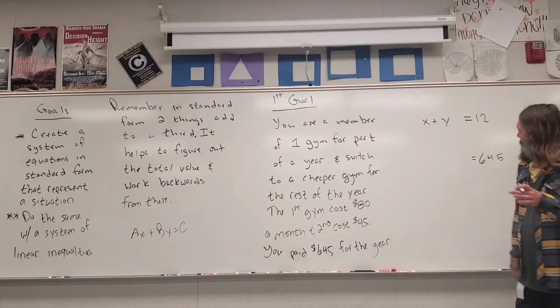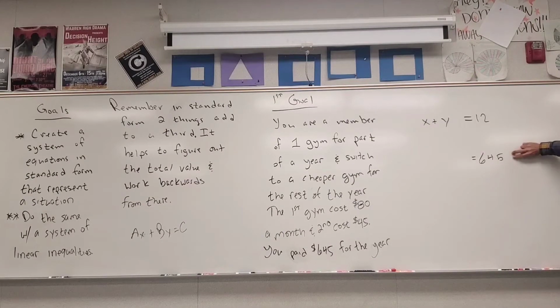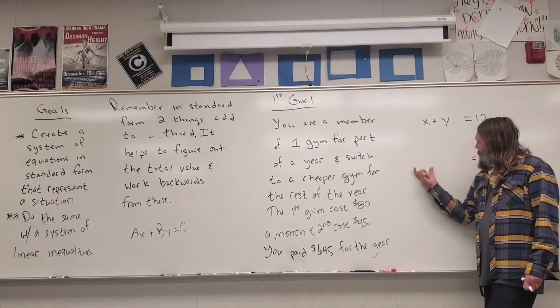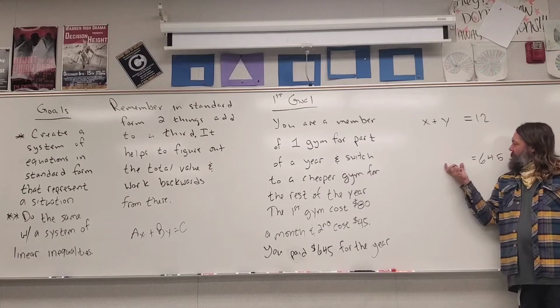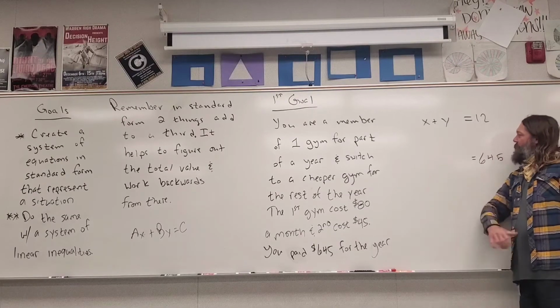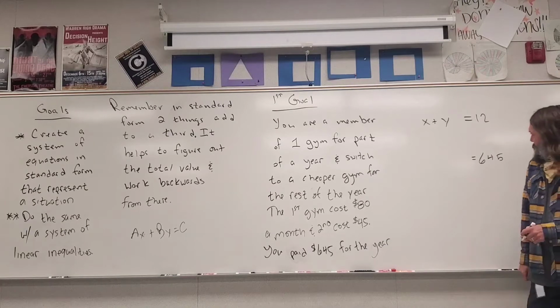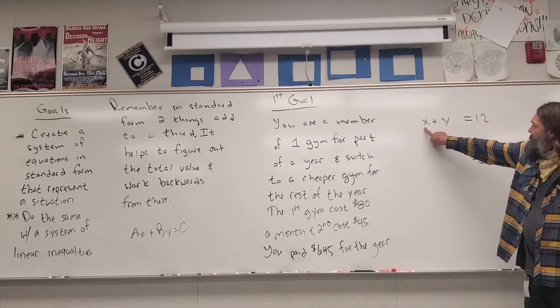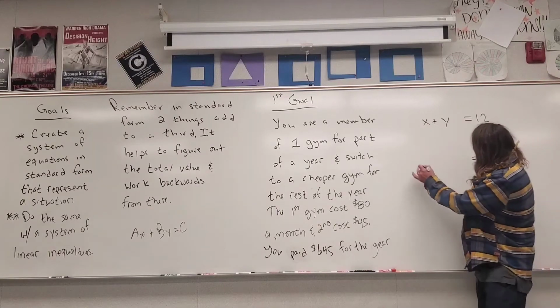Now, I can create an equation that's in standard form that represents the amount I spent. I spent a certain amount at my first gym, and I spent another amount at my second gym, and these two amounts in total add up to 645. I don't know how many months I spent, but I know that this gym was costing me $80 a month.